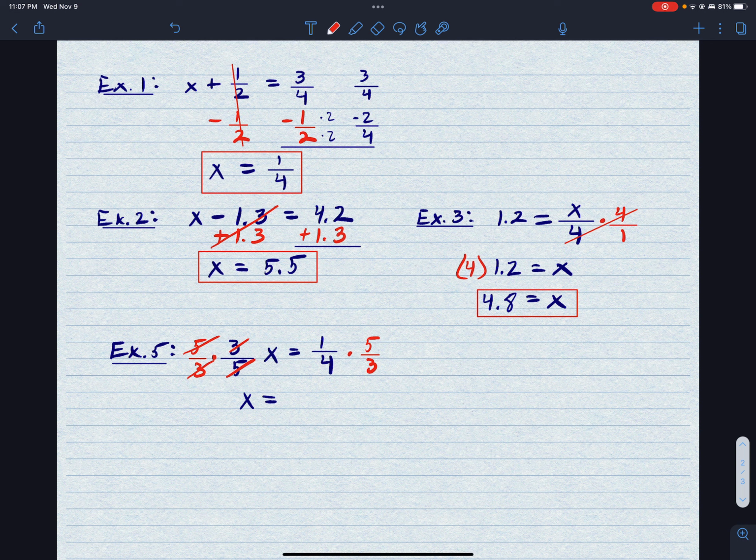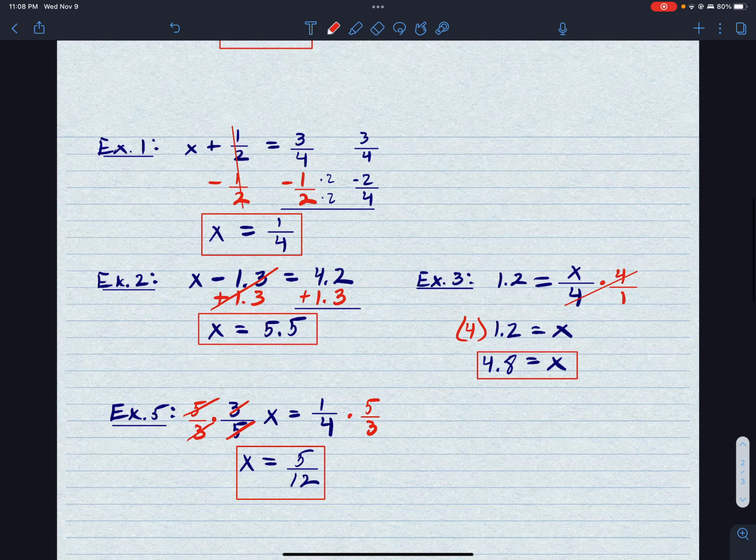You have to treat both sides equally. So I multiply across. 1 times 5 is 5, and 4 times 3 is 12. Our answer, which we were not going to come up with mentally, is 5/12. So you can see this inverse operation strategy helps us get to the answer quicker.